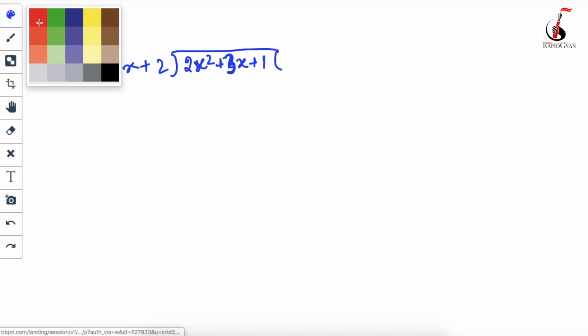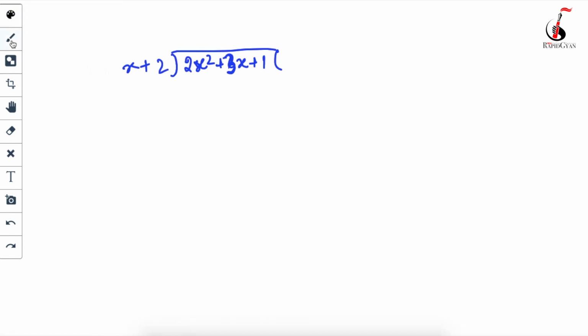So listen to my words very carefully. Whenever we are going to divide polynomials, this will be your dividend, correct? And this will be your divisor.